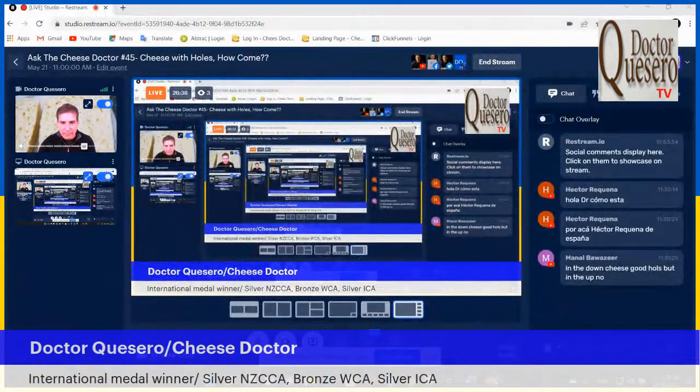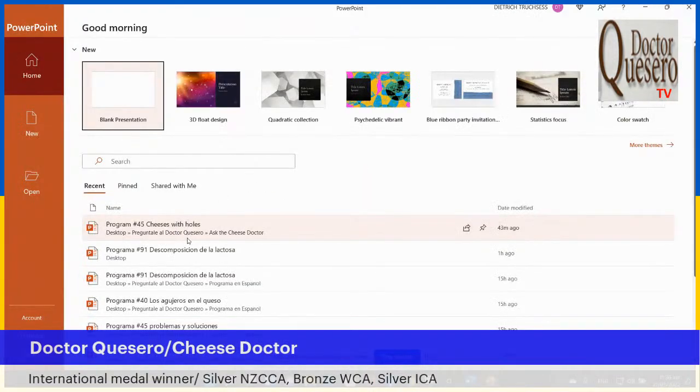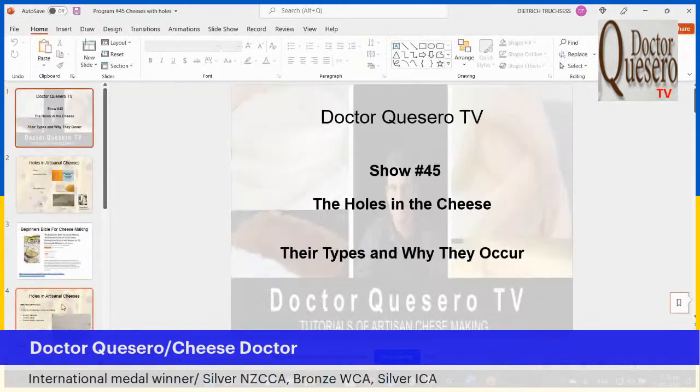The thing is, this cheese, the one that I showed you in the trivia, is a cheese that has both bacteria. If you notice, I'm going to put it back so I can share the screen. Where is it? Here it is. I'm going to put it back.